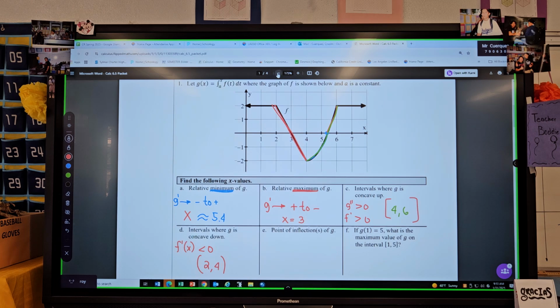So what is your idea about point of inflection? Can you please refer to your graph, when the sign changes? So where do you think the sign changes? 3 and approximately 5.4? Sure? 3, 4, 5.4. Who says 3?